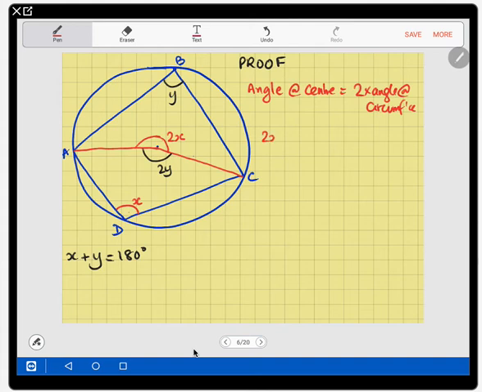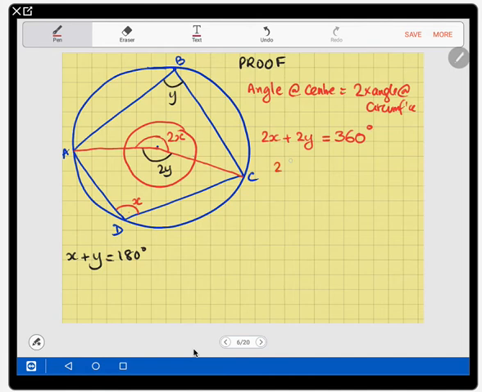Now, 2x plus 2y is equal to what? This whole thing here. Did I not tell you in my very first lesson that a complete turn is 360 degrees?